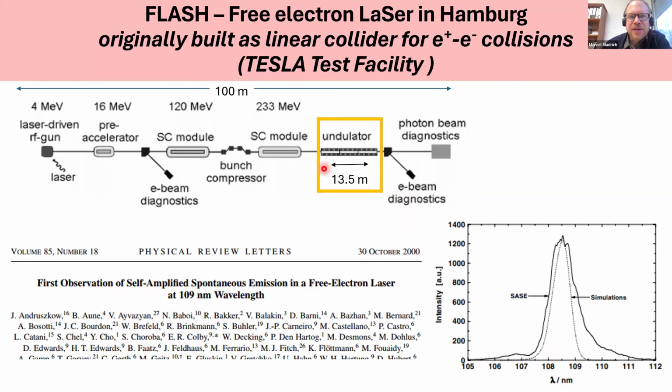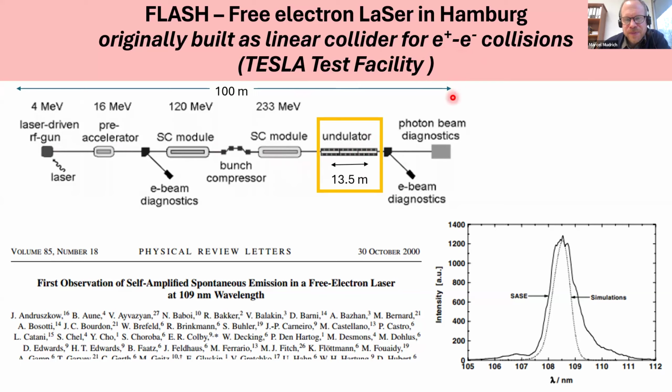And an interesting fun fact is that this whole facility, this linear accelerator and undulator, was actually not built to be a free electron laser. It was built as a test facility to test new accelerator technology for, at the time, particle physics experiments. So at that time, DESY was still a particle physics institute.